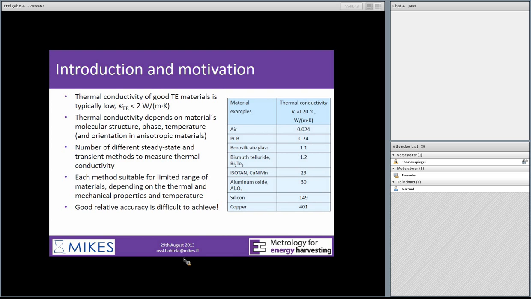Some of them are transient, some of them are steady state, and typically each method is suitable for a limited range of materials depending on the thermal and mechanical properties, and of course the temperature range which we are going to measure. But one common point to all measurements is that good relative accuracy is very difficult to achieve.